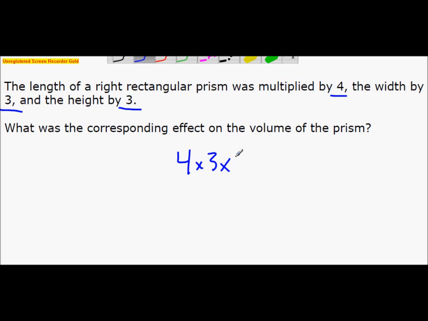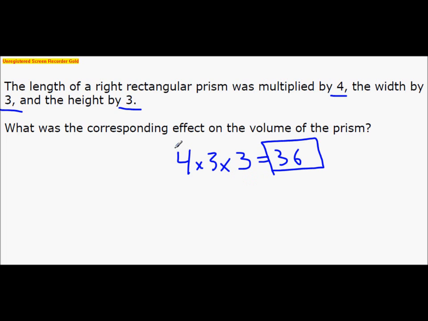You probably already got the answer, but so 4 times 3 times 3. So 4 times 3 is 12, times 3 is 36. And so that right there is going to give me the effect on the volume. So the volume would increase by a factor of 36. It would get 36 times bigger.